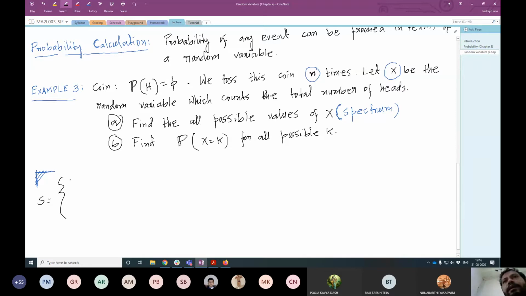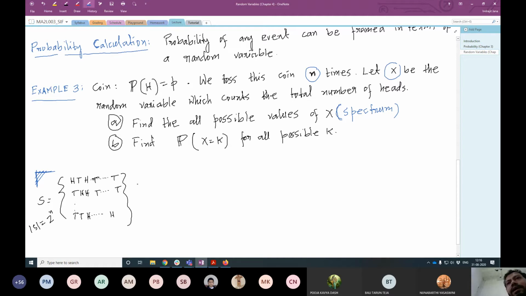For example, it could be head, tail, head, and maybe all tails after that, or maybe tail, head, head, and all tails after that. How many possibilities are there? There are 2 to the power n possibilities. The sample space size is actually 2 to the power n. This is from the first lecture. So there are so many elements in the sample space.